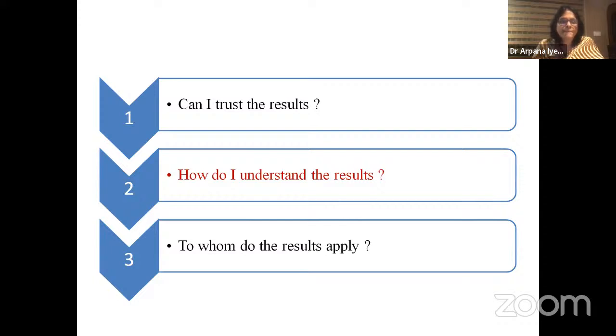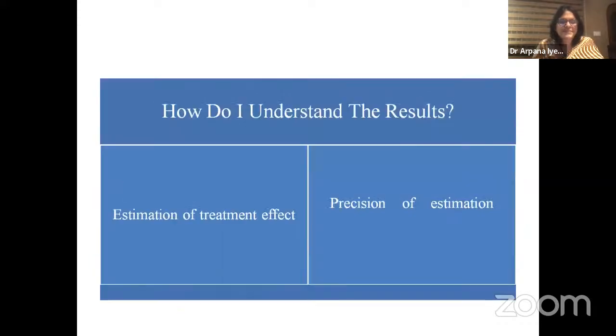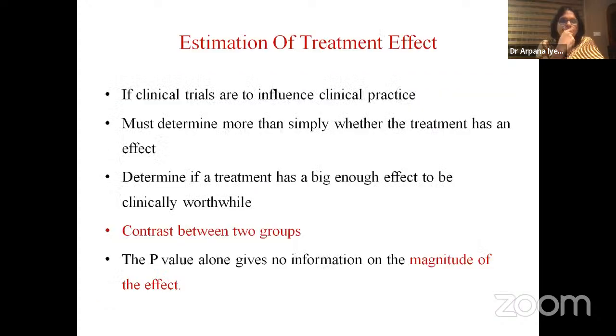So, how do I understand the results? I need to know about two things, which are estimation of treatment effect and precision of estimation. These are not just English sentences; these are specific terminologies which we need to understand. Estimation of treatment effect is the magnitude of the effect.